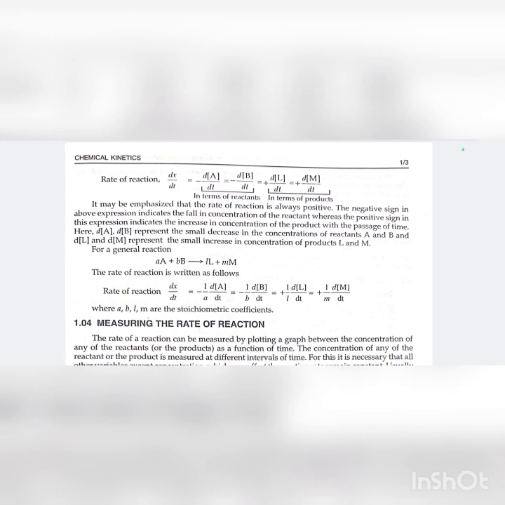Similarly, it is equal to plus 1 by m d concentration of M divided by dt.